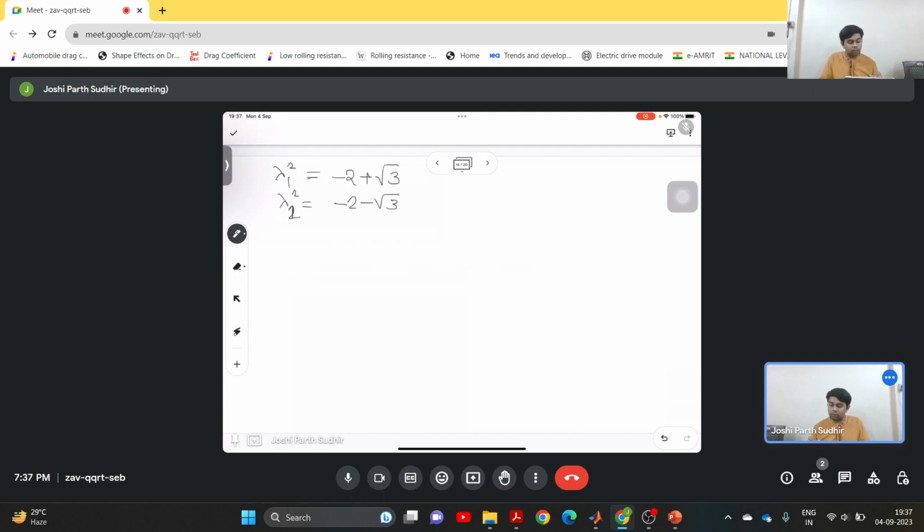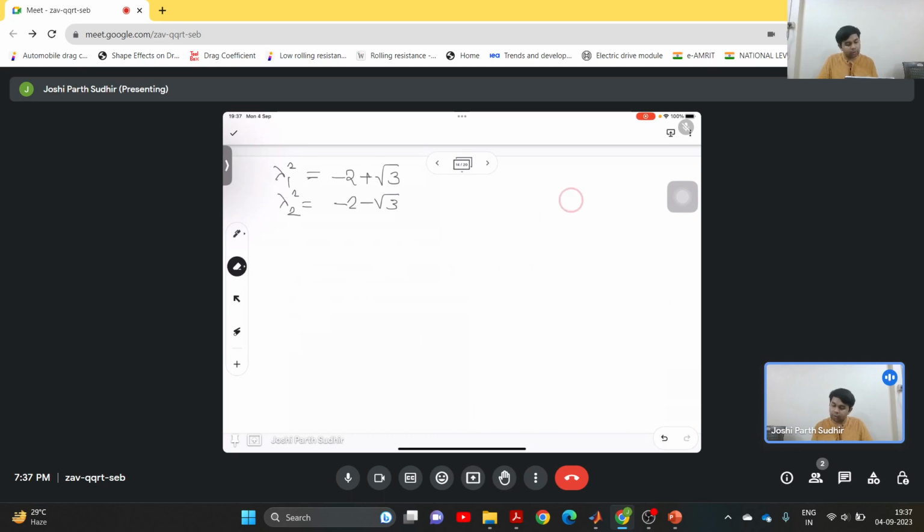Now we can see that minus 2 minus root 3 will actually be a negative number, so it will have two complex roots, whereas lambda 1 square is equal to minus 2 plus root 3, so it will also be a negative number.